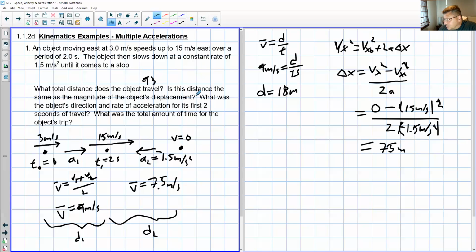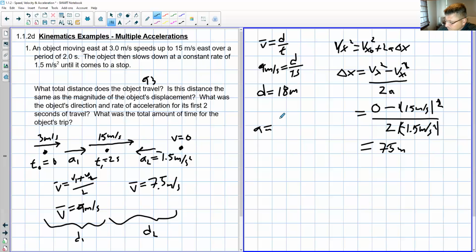So what was the object's direction and rate of acceleration for the first 2 seconds? Well, we didn't find that. We can find it, right? So the acceleration would be equal to the change in velocity divided by the change in time.